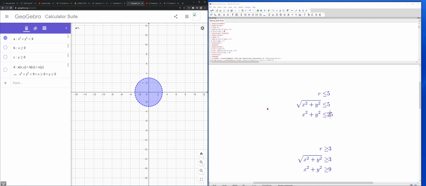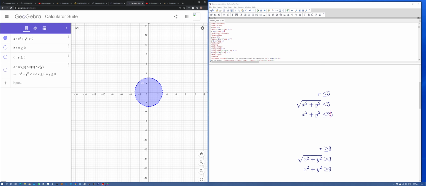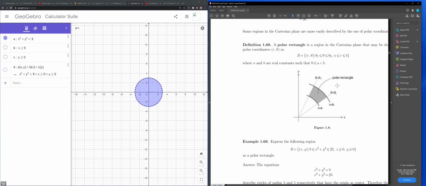Okay, so what do I have over here, right? If I want to use this example, let's say I have r over here, and I have 3 and 5, right? What would it mean?